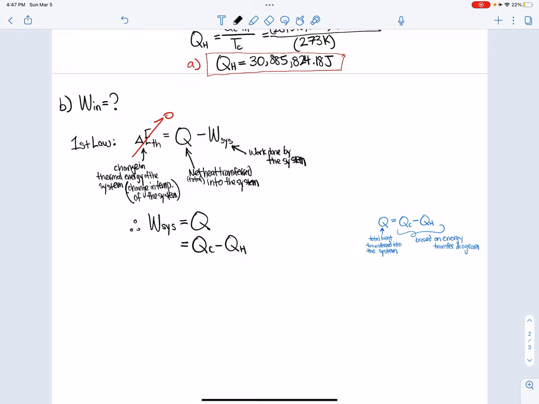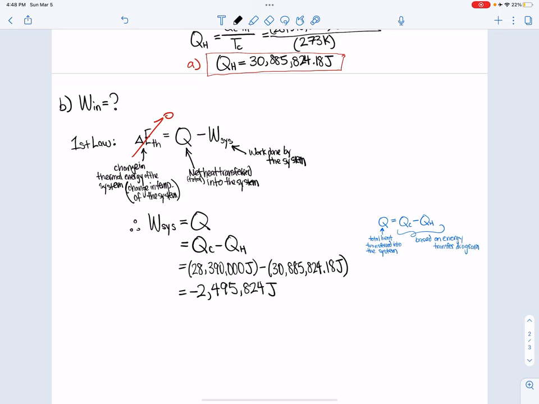So QC is equal to 28,390,000 joules, and I subtract that by 30,885,824.18 joules. And I would be left with negative 2,495,824 joules, more or less. I'll confirm that on the calculator.